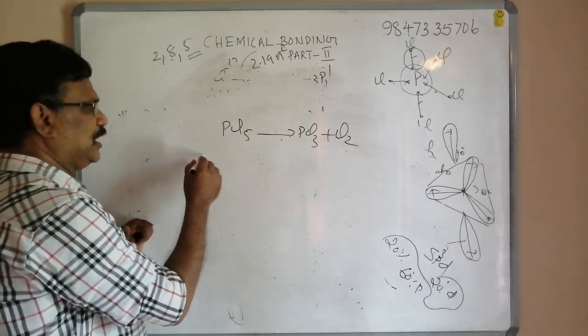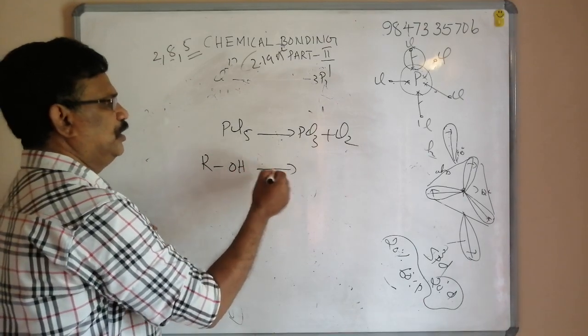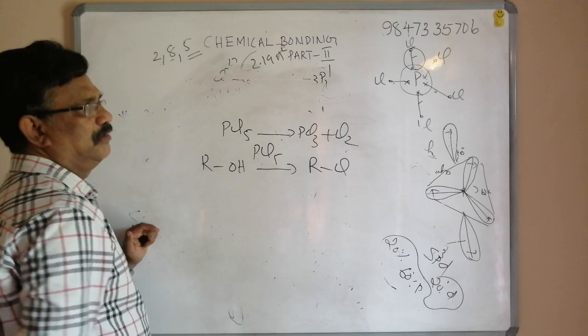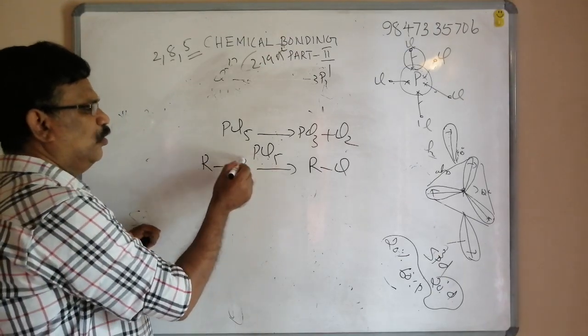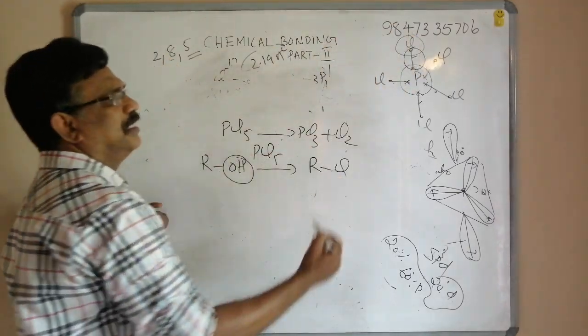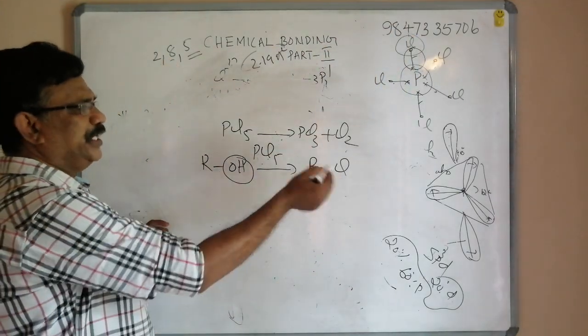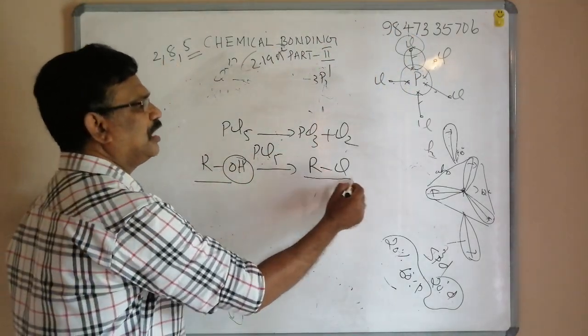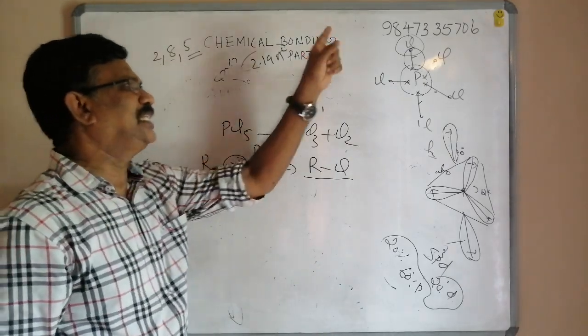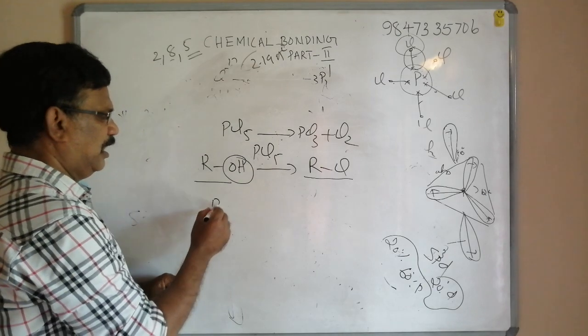So in organic chemistry, for conversion of alcohol into RCl, we use PCl5. In this, the OH is replaced by a chlorine atom from the axial position. ROH, alcohol, goes into alkyl chloride very readily. PCl5 supplies its axial chlorine atom very easily.